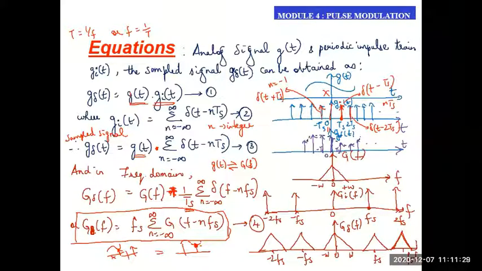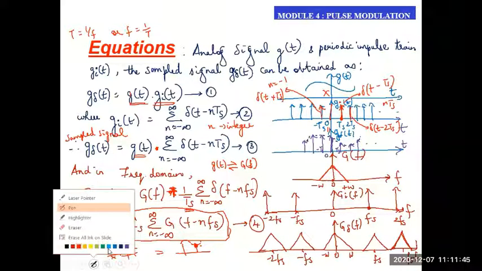So here, the given signal G of t is a band limited signal, we said. Its frequency domain representation will be something like this, as shown here.